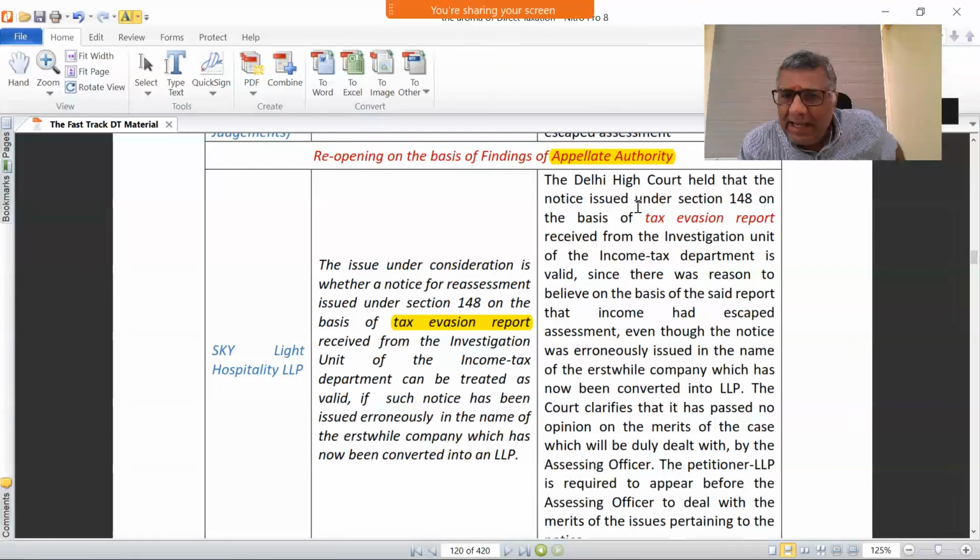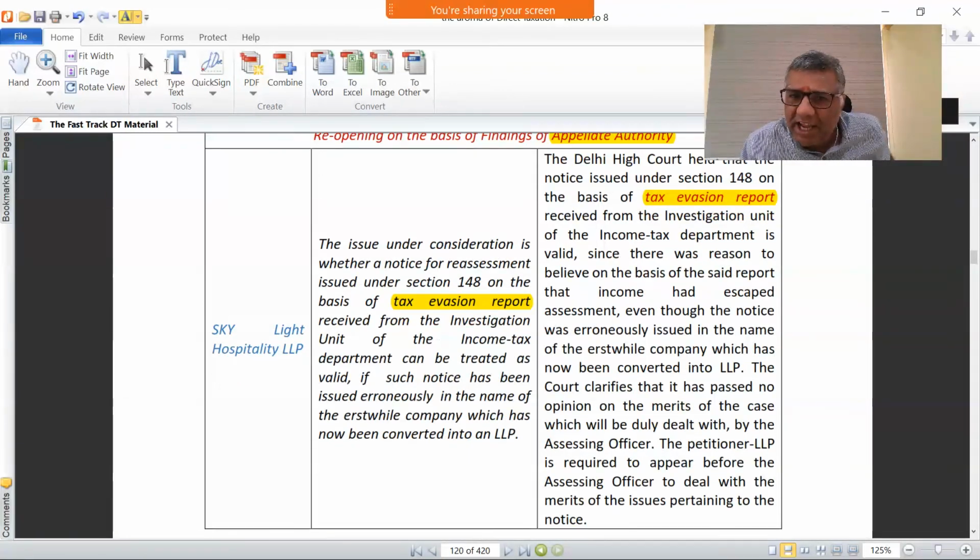The Delhi High Court held that the notice issued under 148 on the basis of the tax evasion report received from the investigative unit of the income tax department is valid, since there is reason to believe that income has escaped assessment, even though this is contradicting the Maruti case law, and even though the notice was erroneously issued in the name of an erstwhile company, which was converted into an LLP. The court clarifies that it has passed no opinion on the merits of the case, which will be duly dealt with by the assessing officer.